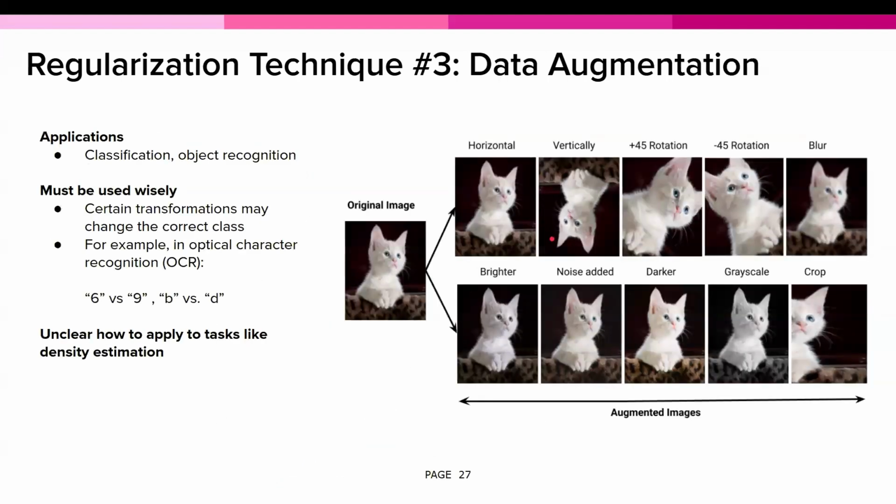Another way to make the machine learning model generalize better is to train it on more data. In practice, the amount of data we have is limited. But one way to get around this problem is to create essentially fake data and add it to the training data set. For some machine learning tasks, it's relatively straightforward to generate new fake data.